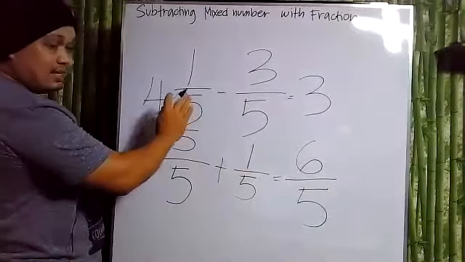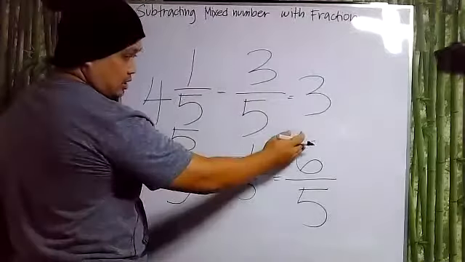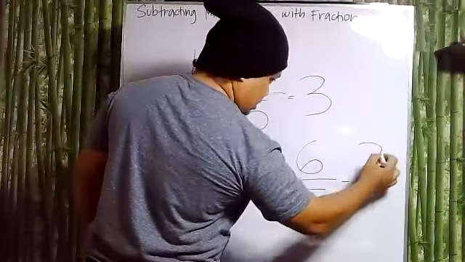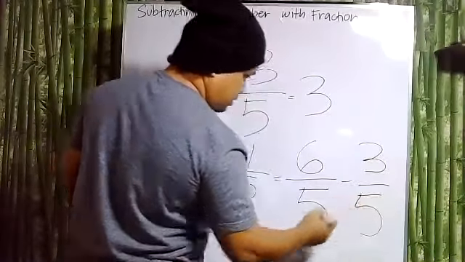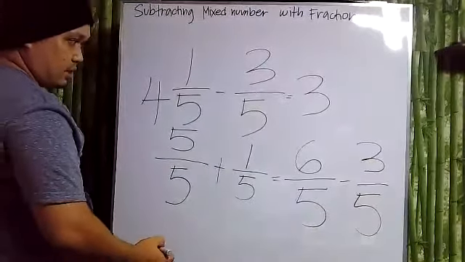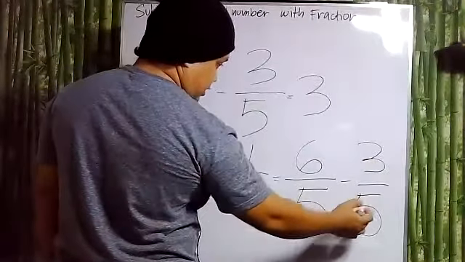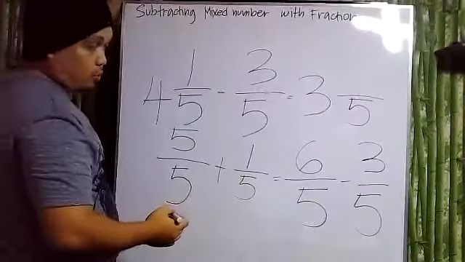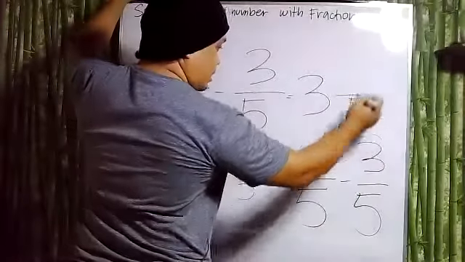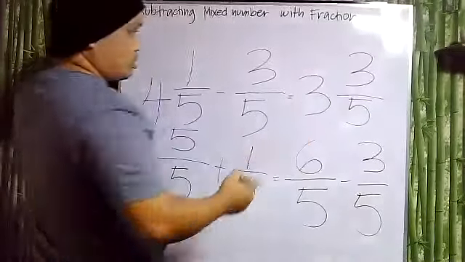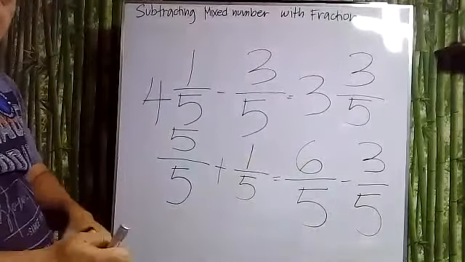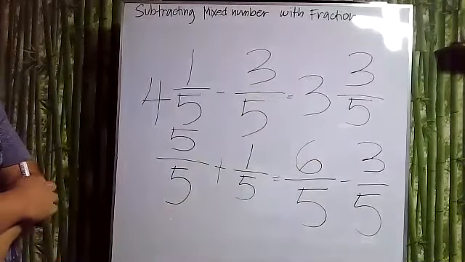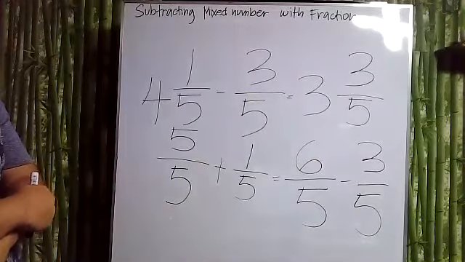Now we can subtract. 6 over 5 minus 3/5. Copy their denominator, which is 5, and subtract their numerator, which is 6 minus 3 is 3. So our answer here is 3 and 3/5. So that's how you subtract mixed number with fraction.